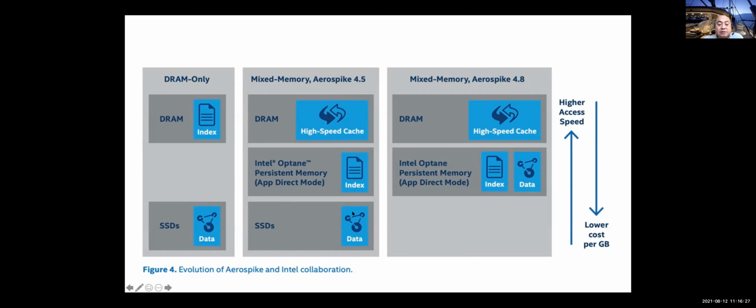But since PMEM is also more expensive than SSD, a further compromise, or trade-off, would be the middle column, whereby we would store the index on the PMEM, but the data in SSD. And the DRAM will simply be used as an internal high-speed cache, which is not storing the index anymore.